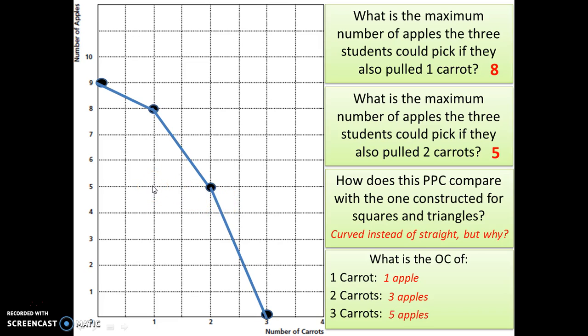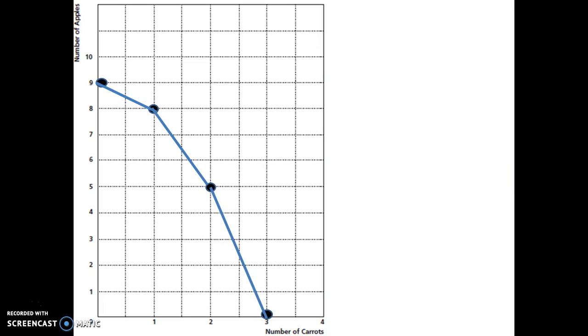To get our third carrot, we have to give up all 5 remaining apples. We call that the law of increasing opportunity cost. We're going to give up the cheapest thing first, and as we continue to produce more of something, our opportunity cost only increases.